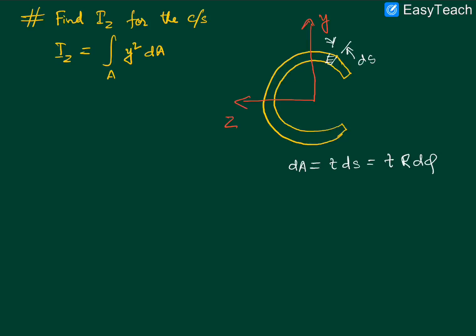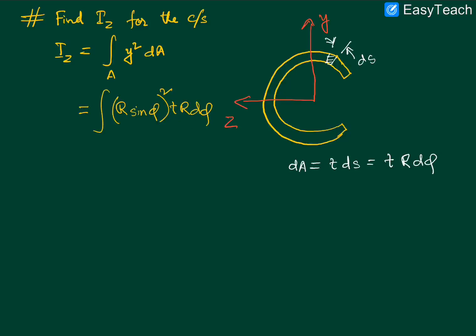You again note that the phi is calculated from this horizontal axis. So y will be r sine phi. Because we have a square, we put the square here, and for the dA we'll be putting t times r d phi.